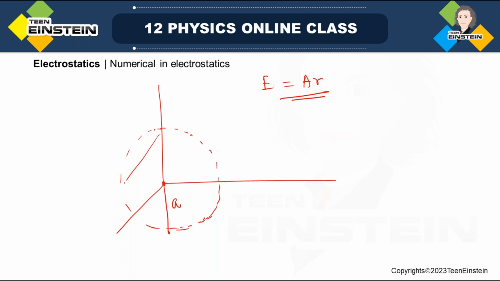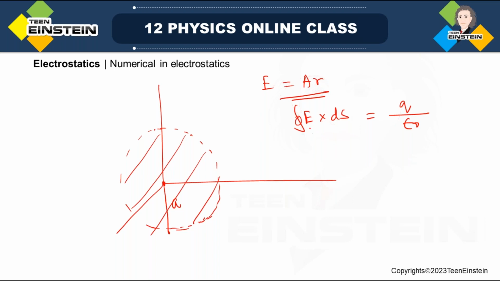So what will be the charge contained within this? If we use Gauss's law, we know E ds is equal to charge enclosed divided by epsilon 0.